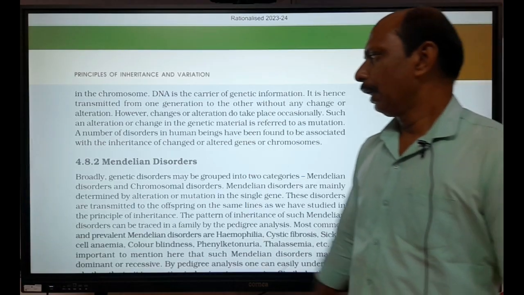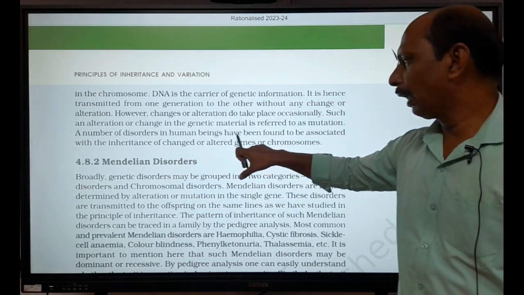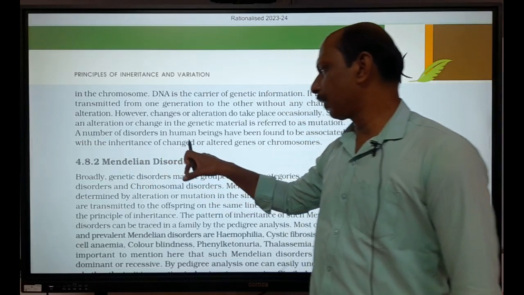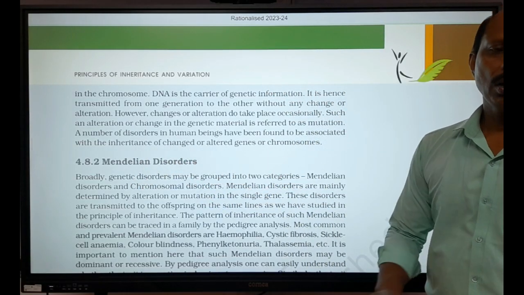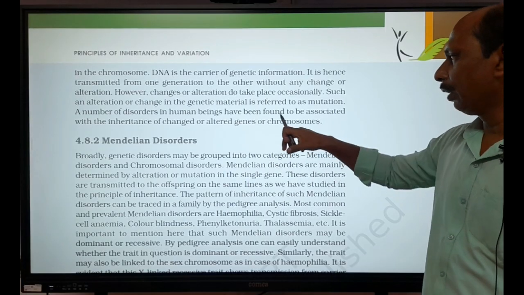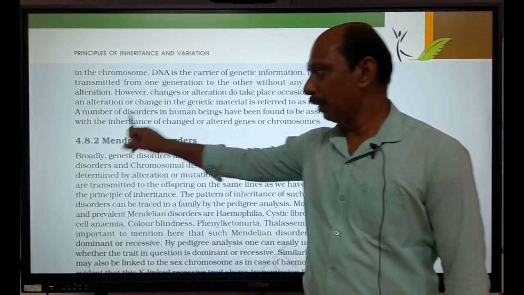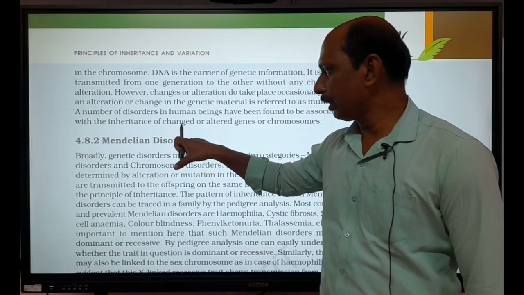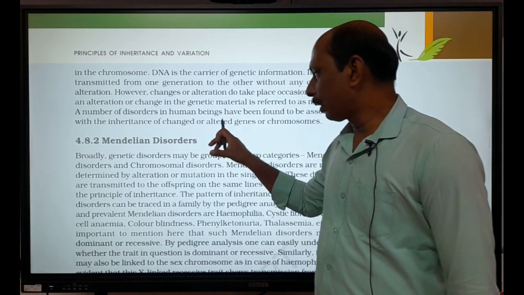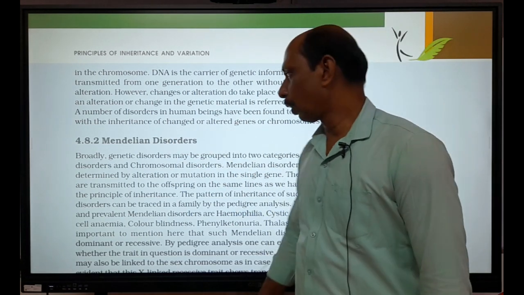That is given here. A number of disorders in human beings have been found to be associated with the inheritance of changed or altered genes or chromosomes. Changed or altered genes means mutations, or chromosomes.